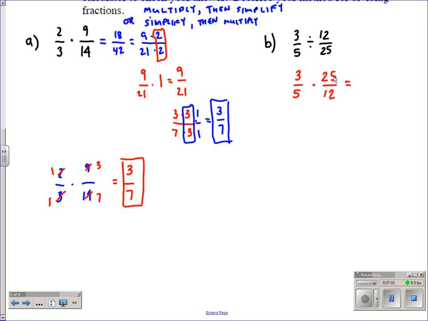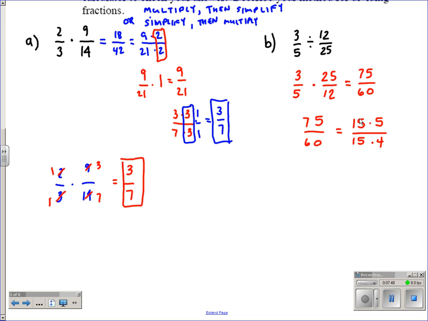If I do 3 times 25, I get 75. And if I do 5 times 12, I get 60. Now I'm going to ask myself, what numbers go into 75 and 60? I can start low with 5 and break it down, or I can see that 15 goes into both of these. 15 goes into 75 five times, so it's like saying 15 times 5, and 15 goes into 60 four times, the same as 15 times 4.